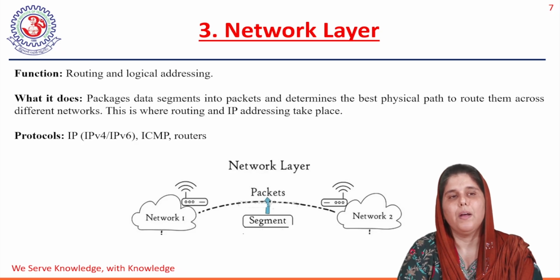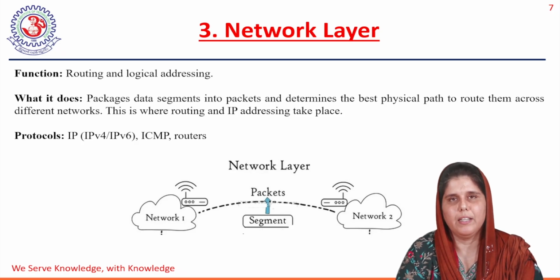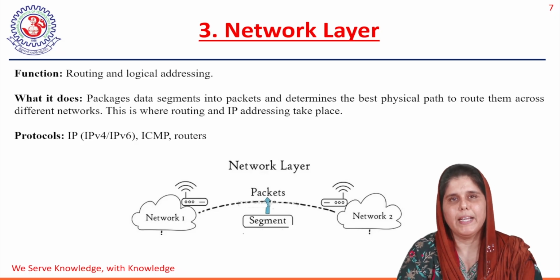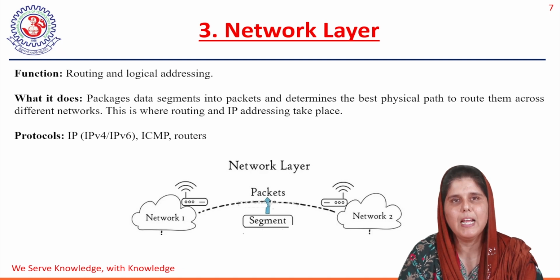Previously we saw that in the data link layer, we are creating frames. Next, when it is traveling to the network layer, the frames are converted into packets by adding extra information along with the header, like the IP address of the sender and receiver, and also the routing details, that is, the best route we are going to identify in the network layer.